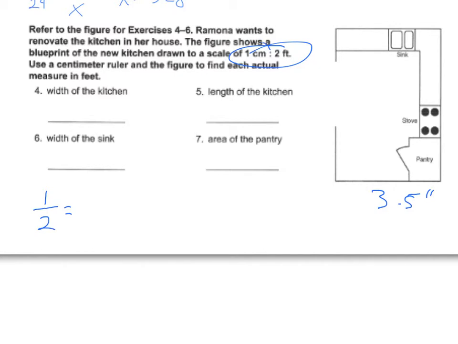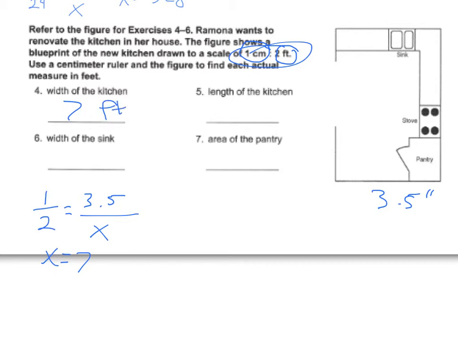Now, the 1 centimeter is the drawing, the 2 feet is the actual physical measurement of the actual kitchen. So if my drawing is 3.5, and I want to know what the actual measurement is, that's how I would write that. Cross multiply, and you end up with x equals 7. That means the width of the kitchen is actually 7 feet.